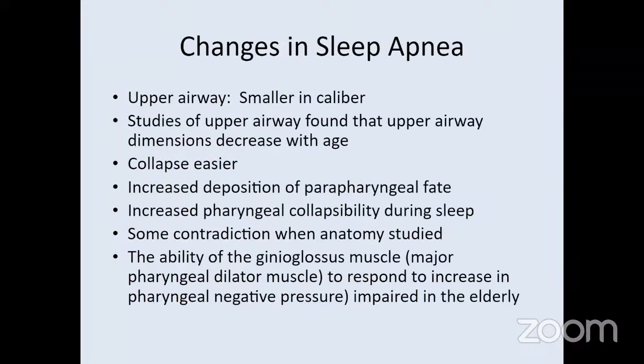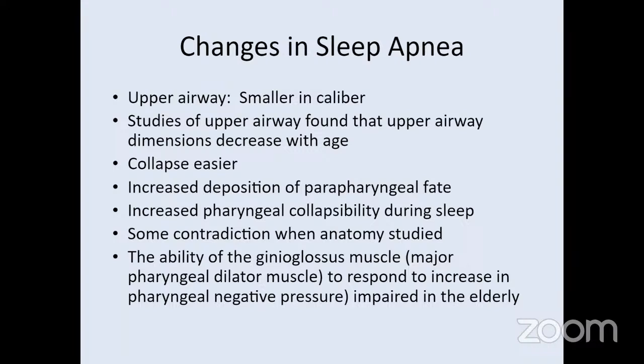So, changes in people with sleep apnea. What happens in sleep apnea is that the upper airway becomes smaller in caliber due to the physical obstruction. Studies of upper airway found that upper airway dimensions decrease with age. So as age increases, there is a decrease in the upper airway dimensions, leading to a higher possibility of developing obstructive sleep apnea.